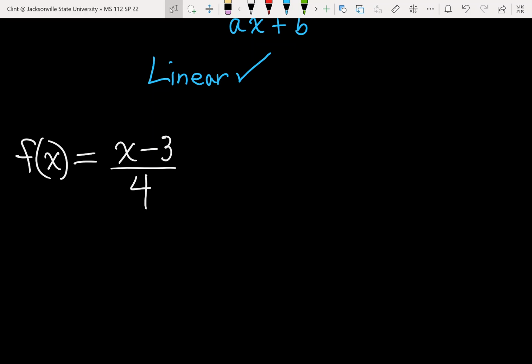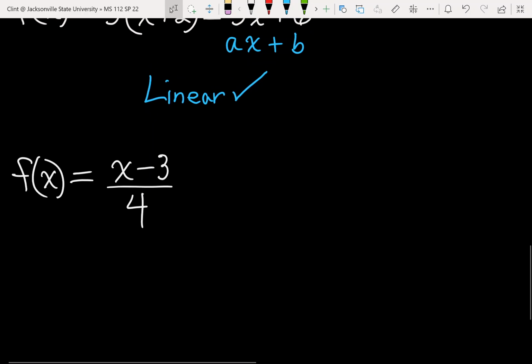This one is linear, but to show it, we've got to put it in ax plus b form. So we've got to do some rewriting here. So the first thing we've got to do, ax plus b form, it's going to be in 2 terms. So we've got to split this up into 2 terms somehow.